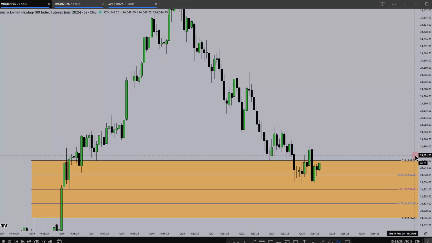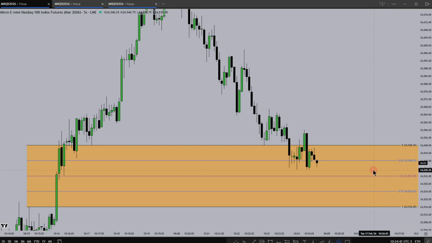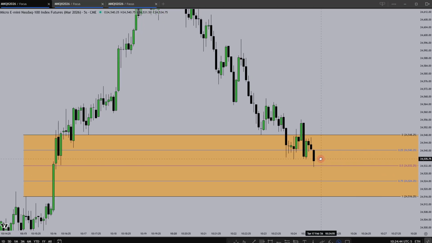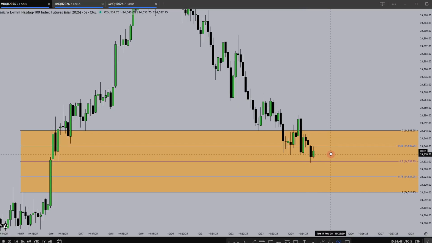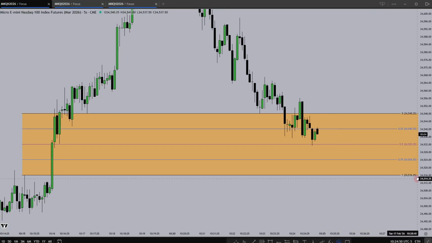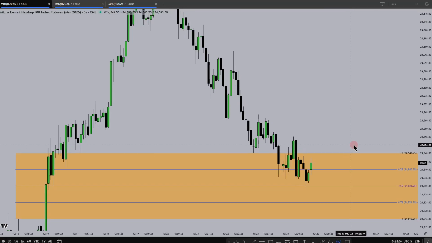It's just all conditioning factors, what I'm looking at. Then now we've traded to midpoint. Now you want to see what we do. Midpoint of our 1 minute fair value gap.